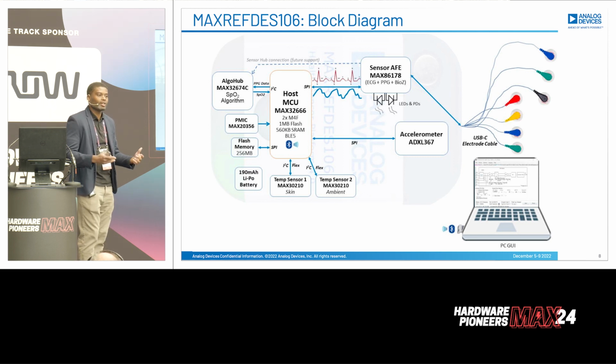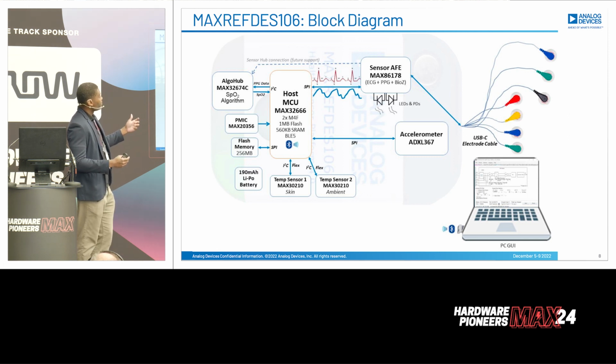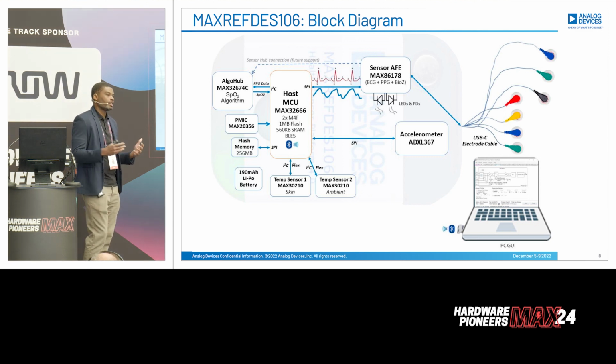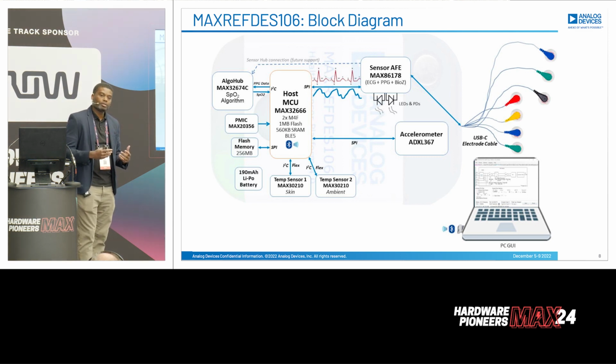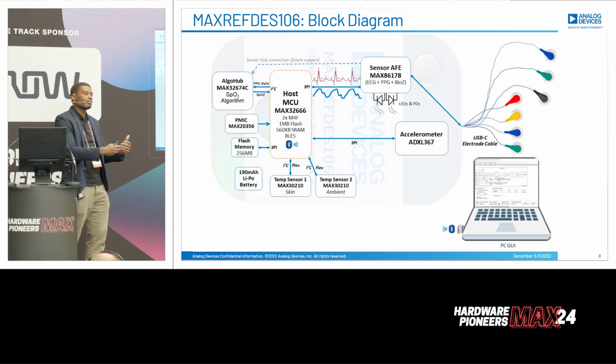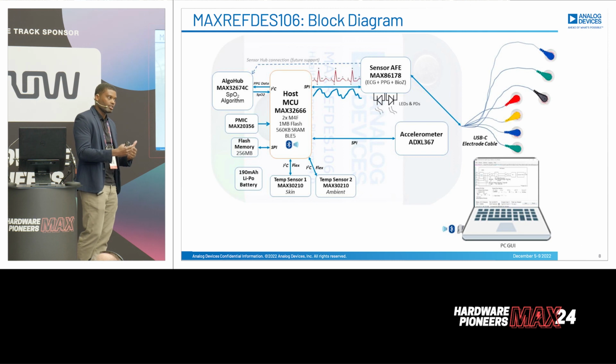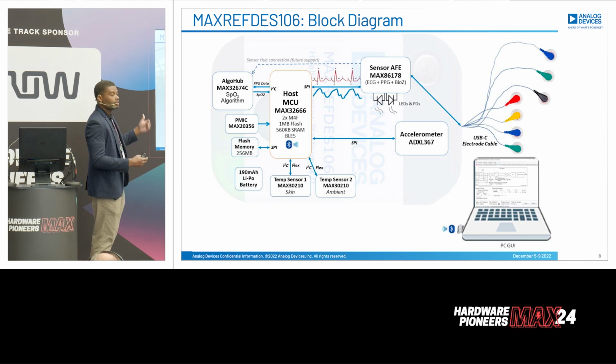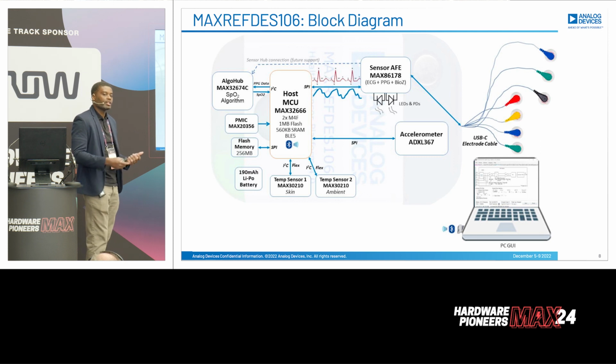And as engineers, right, again, you don't want to spend too much time with just capturing data. With this solution, there are algorithms associated with it that you can have access to, which will help you to turn this data into useful information. So once you measure the data for, let's say, the PPG measurements, you can then use the algorithms to look at things like SpO2, the blood oxygen concentration.